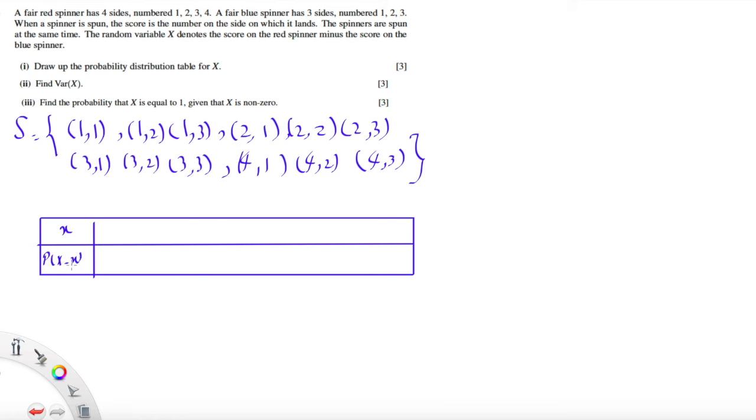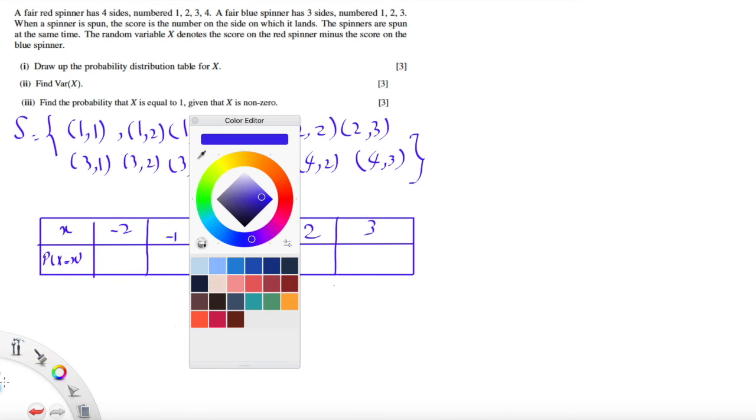What are the possible cases? 1 minus 1 will be 0, 1 minus 2 negative 1, 1 minus 3 is negative 2, so negative 2 is the lowest one, negative 1, 0 if they are equal. We have a difference of 1 for 3, 2, 2, 1, a difference of 2 also, and the maximum difference will be 3.